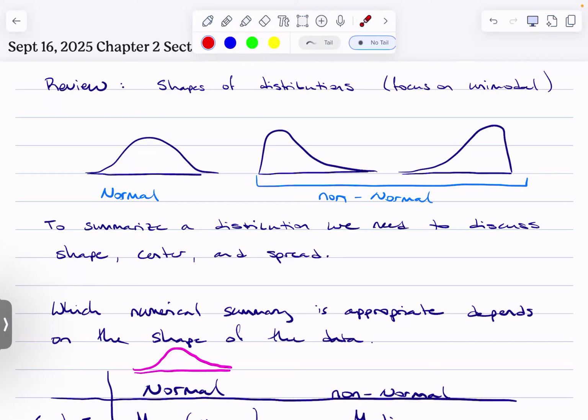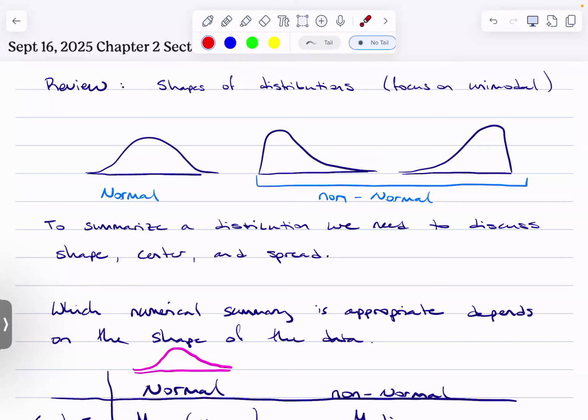We ended last day saying the shape of the distribution will determine the best measure of center and spread, which is where we'll pick up today after all this review. But it's important to remember this stuff. Now, we call these skewed distributions. These distributions are both skewed, and they're skewed in the direction of the tail.